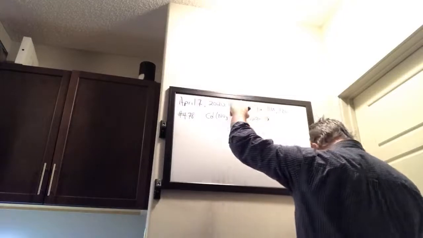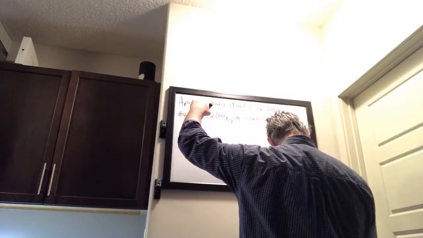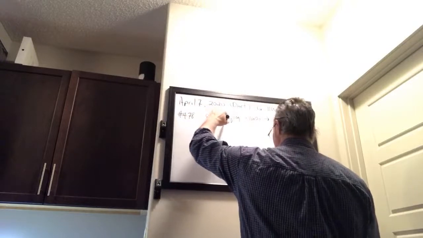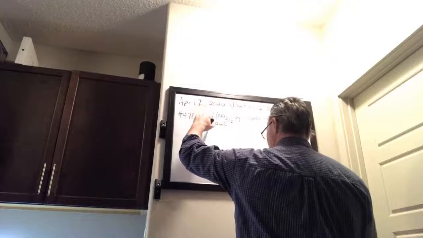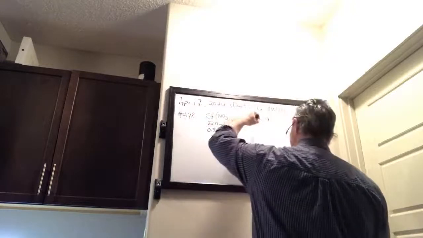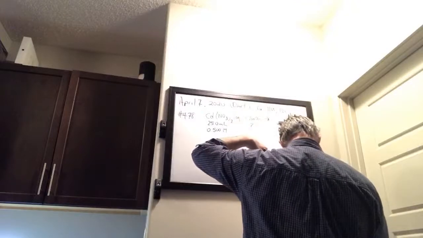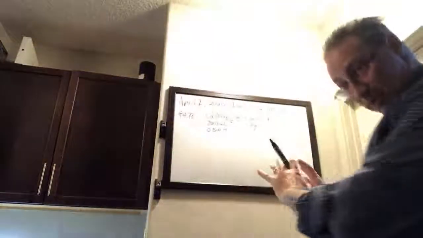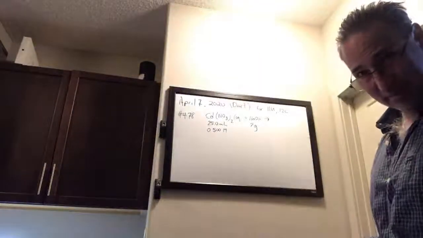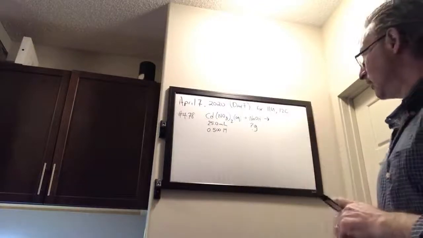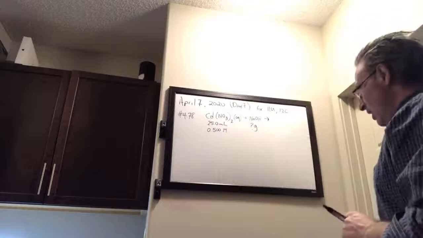You're told that there's 25 milliliters of this, and its concentration is 0.500 molar. And what they're asking for is how many grams of NaOH. They say what mass, that's essentially grams. So you see what I did here? I wrote out everything that the question is telling me. Lay it out. That way you can see what they're asking, and it's easier to set up the problem.